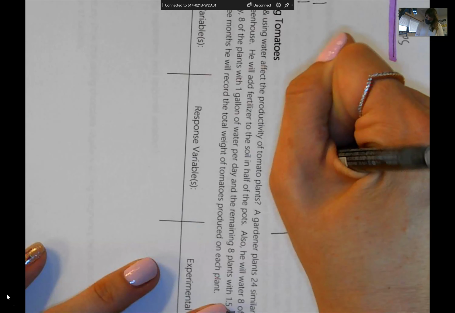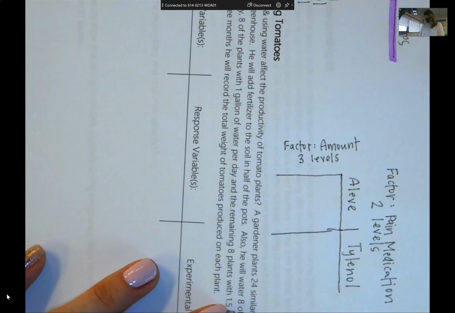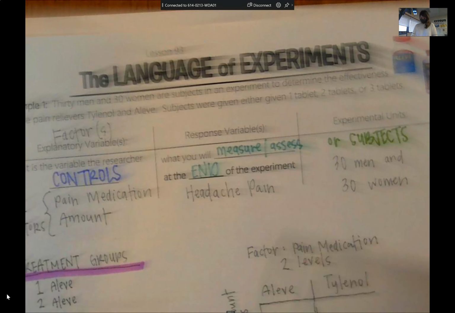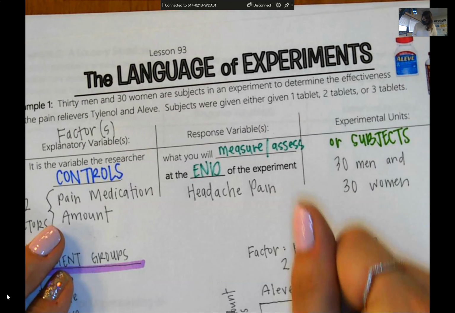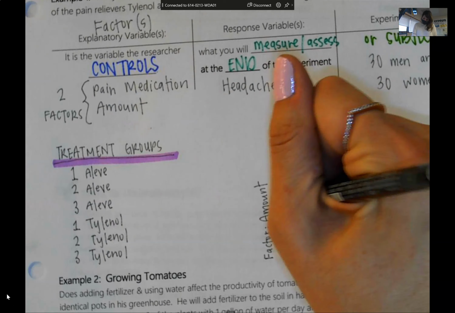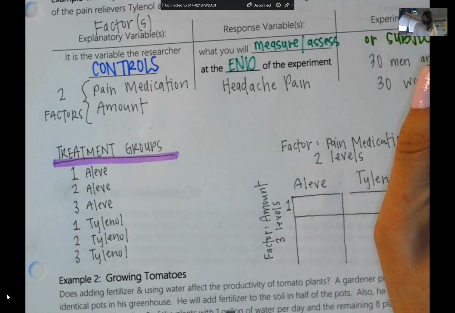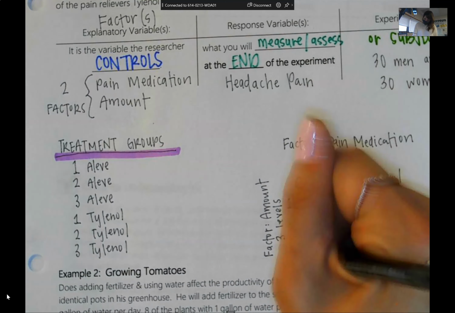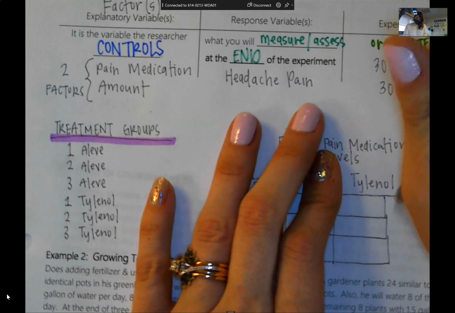This factor has 3 levels. So you could have 1 of these pills, 2 of these pills, or 3 of the pills.